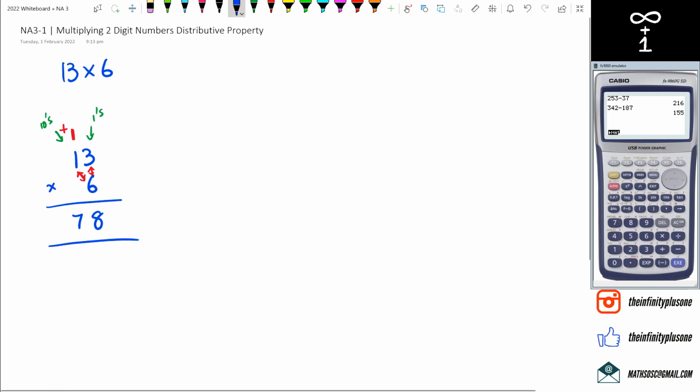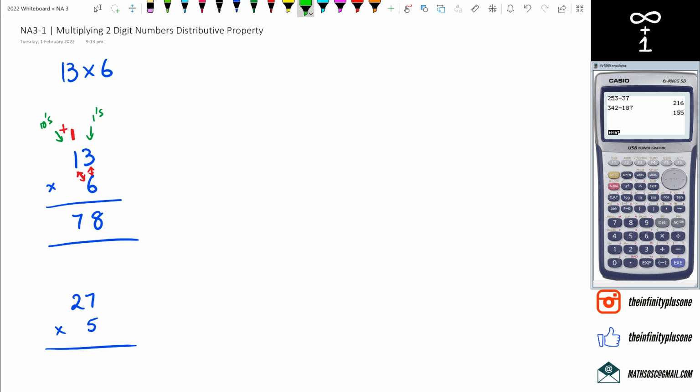Now, I know I probably went a little bit fast with that. I'm going to show you another example, and I'll show you the distributive property again, so don't worry about it. Let's say we take 27 multiplied by 5. That's a good one to do. Okay, so what are we doing? 7 times 5 first.